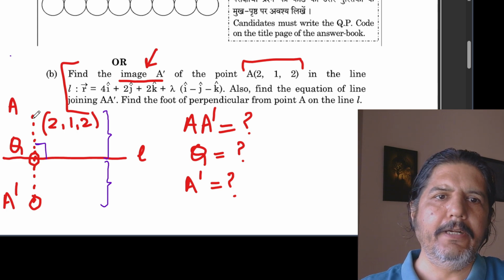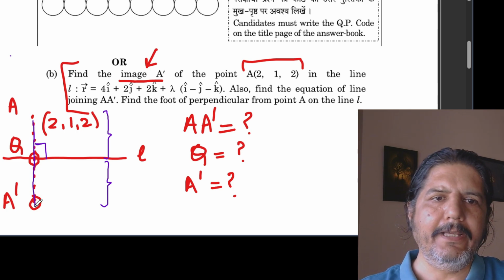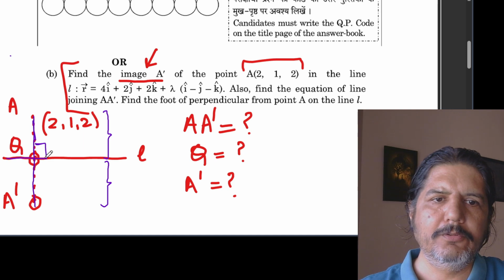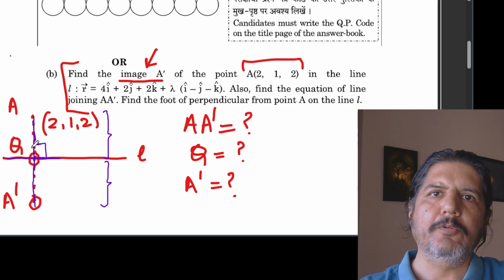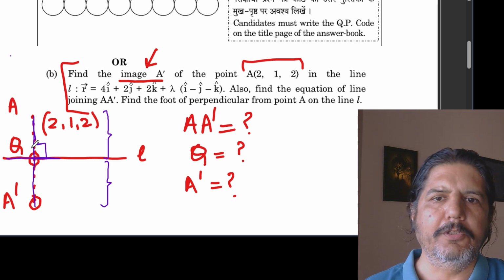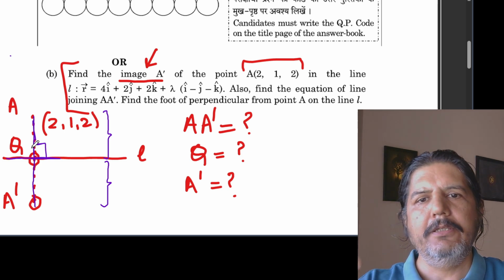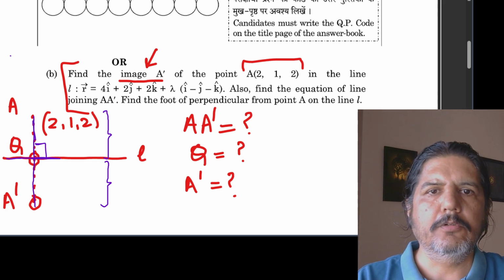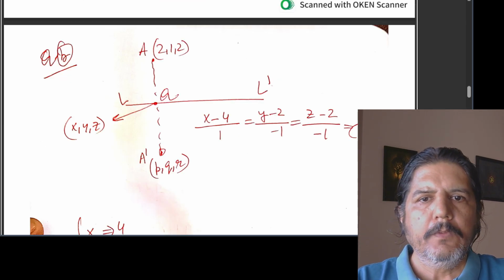And when I'll be finding the equation of this line A A dash, I remember that this line would be perpendicular to this line, so I'll be using the property of the DRs, that the product of the respective DRs is equal to 0. These are the things which I'll be using again and again when we are doing these image kind of questions. So let's see how this question is done.